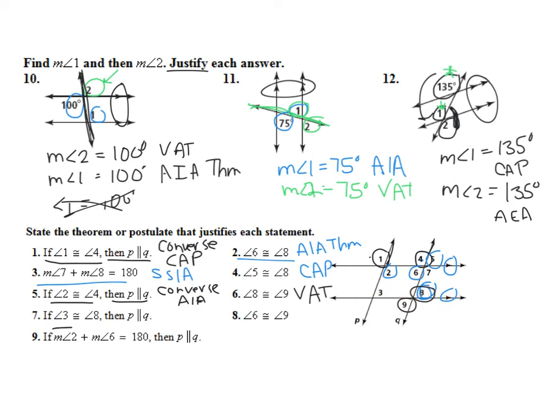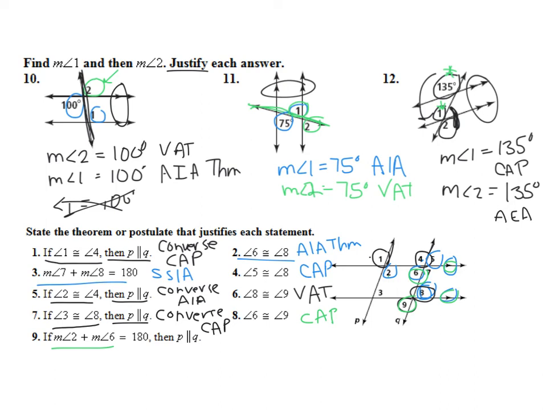So if the angles are congruent, then the lines are parallel is the converse of the corresponding angles postulate. And then 6 is congruent to 9 by just the corresponding angles postulate because I already know these two lines are parallel. And then number 9, if the measures add up to 180 of 2 and 6, then the lines are parallel.